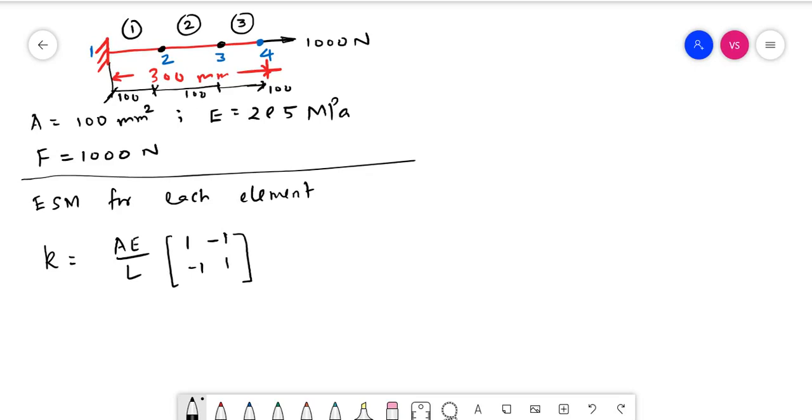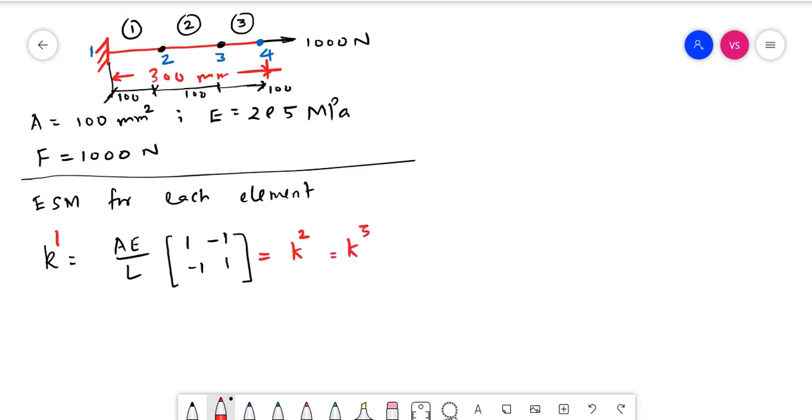In this particular problem, all the elements have the same area, same E, same L. So I can say that the element stiffness matrix of element 1 will be the same as element 2 and element 3, because all three of them are equal.